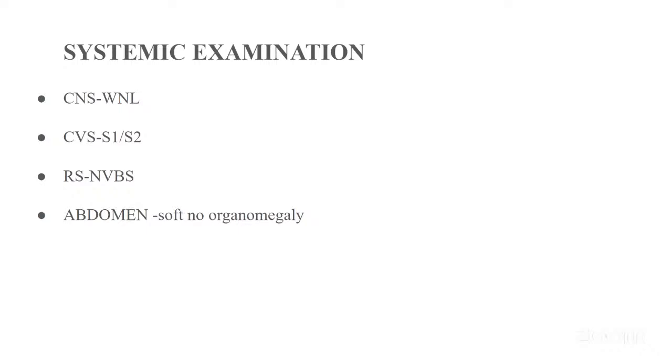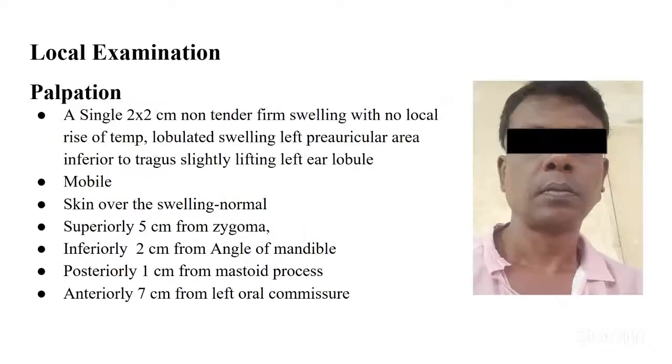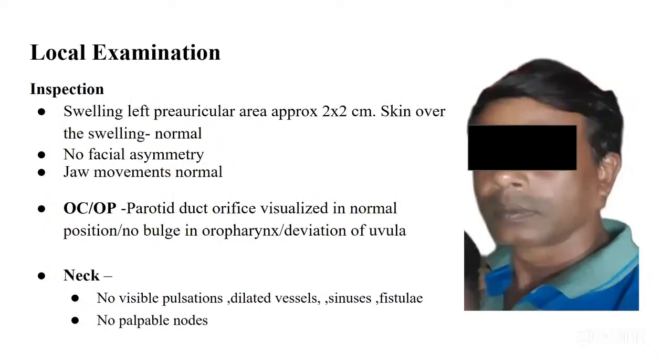Let's go back to your inspection findings. Inspection. So the swelling to me looks more intra-auricular, in the pre-tragal region. And another thing, while you are mentioning the inspection finding, you have to tell about the extent during the inspection as well as during the palpation.